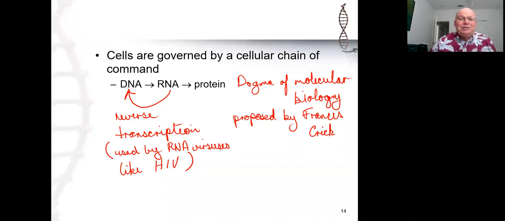Ribosomes recognize the sequence and assemble the reverse transcriptase by reading the RNA sequence that's come from the virus. That then provides the reverse transcriptase enzyme that then makes the DNA copy that then is replicated by the cell's own machinery to make the double-stranded DNA that inserts into the chromosomes.